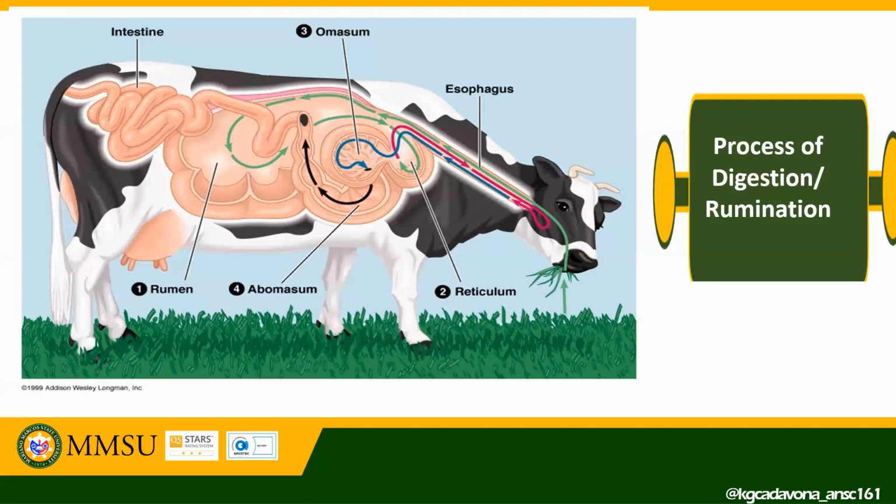Now, after the digested feed particles went on to the small intestine, some of which can go through the large intestine. And as I have said kanina, yung cecum, which is under the large intestine, could be a great tool also in the absorption of volatile fatty acids. Saan na ulit nanggaling yung volatile fatty acids? These were converted from the carbohydrates that are present as nutrient in the feeds of the animals.